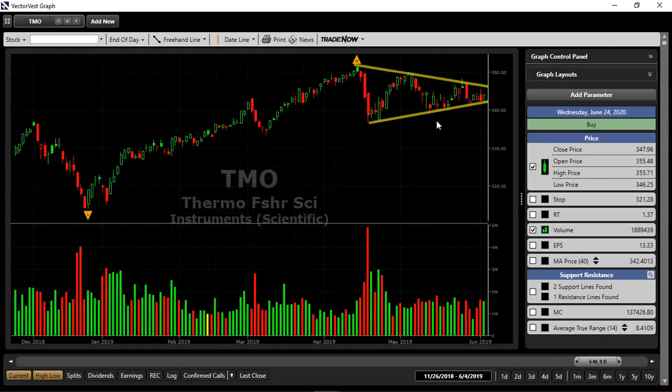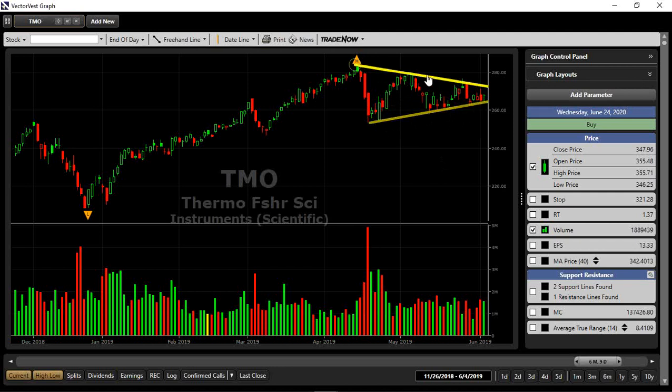So here we have a symmetrical triangle. The reason it's a symmetrical triangle is because we have lower highs, but we have higher lows. Basic geometry, right? Lower highs, higher lows.